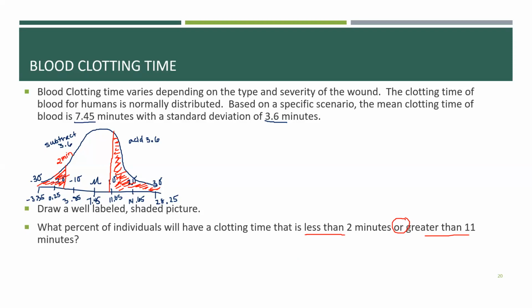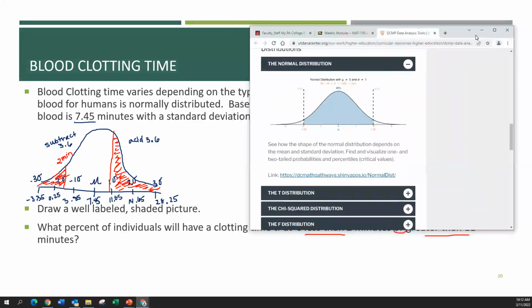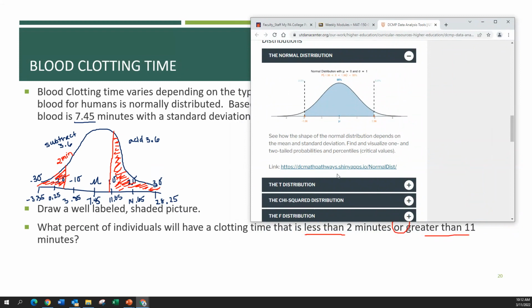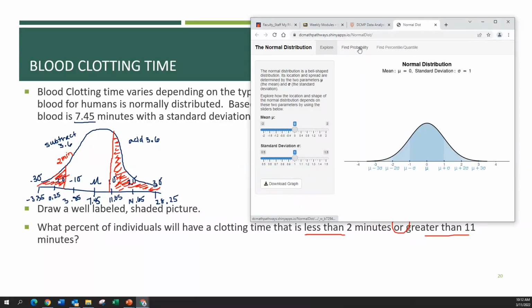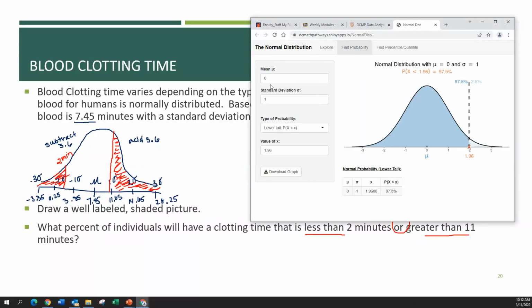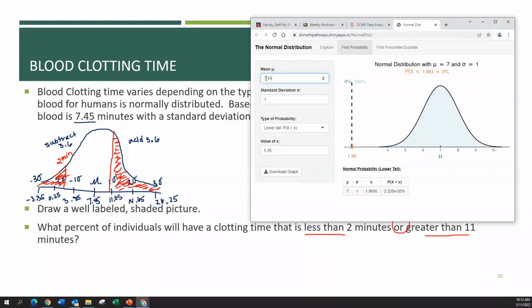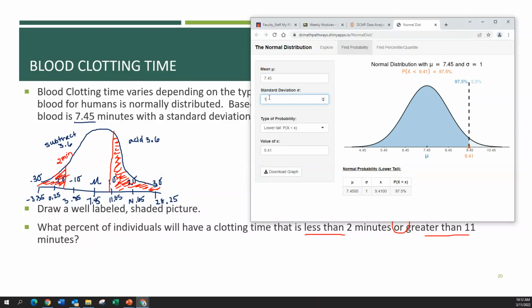So in order to figure this out, we're going to go to technology, and we're using this app from the Dana Center for the normal distribution. In the app, we're going to go to our second tab to find a probability. And so we start by entering the mean of 7.45. Standard deviation was 3.6.